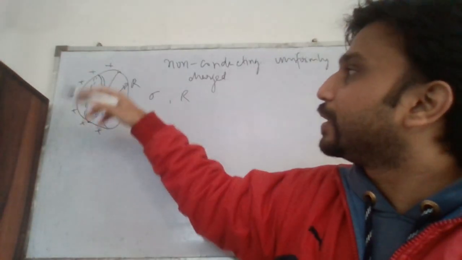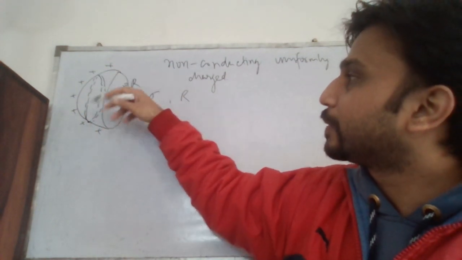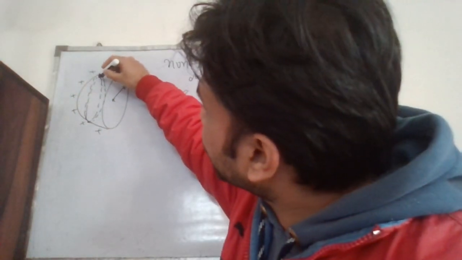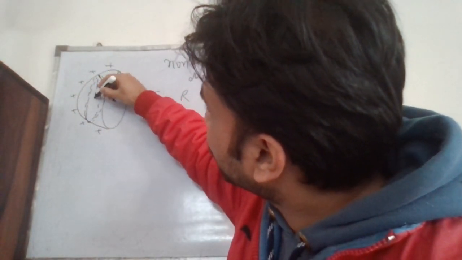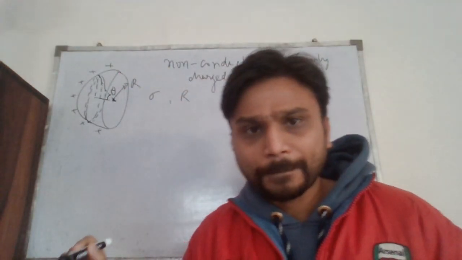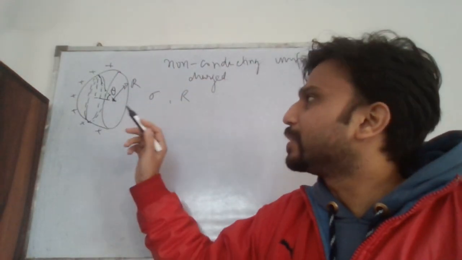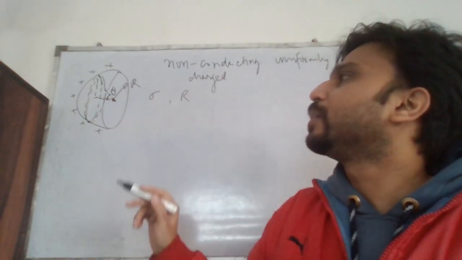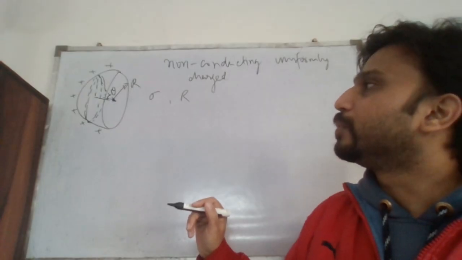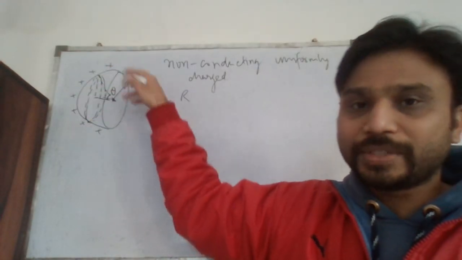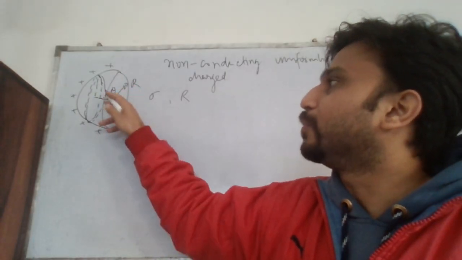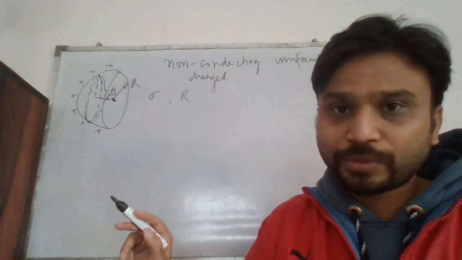So let's see, if there is a hemisphere of radius r, and this element is making an angle theta like this. As it is making an angle theta at the center of the sphere, the radius of the circular arc would be r sine theta.